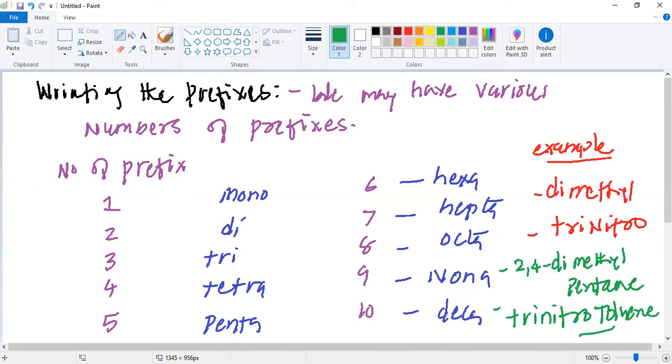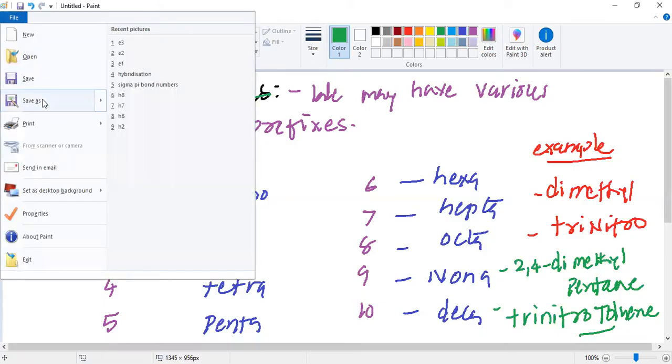So this is how, my dear student, we understand the various prefixes for the number of groups or number of branches which are present. So this is very important. Please remember that you need to learn this too.